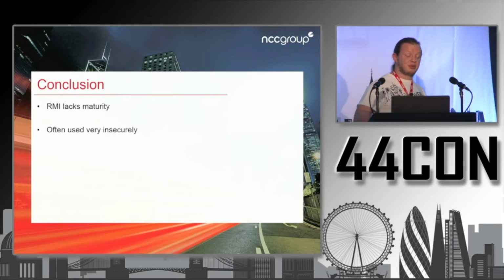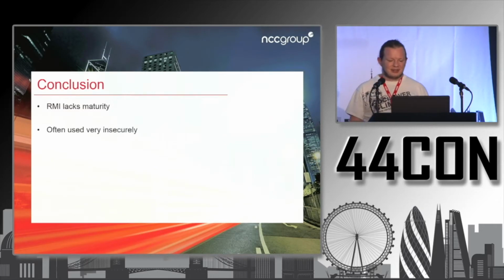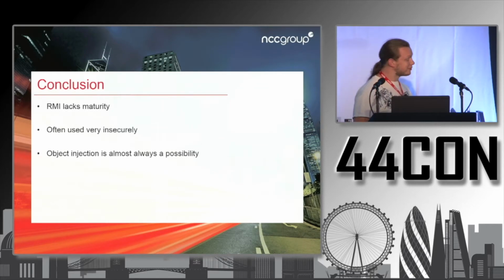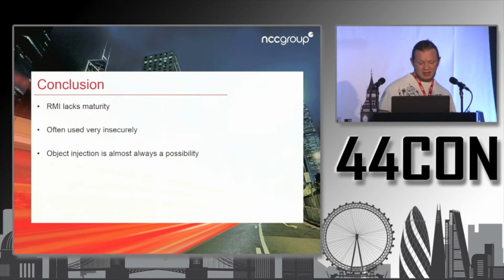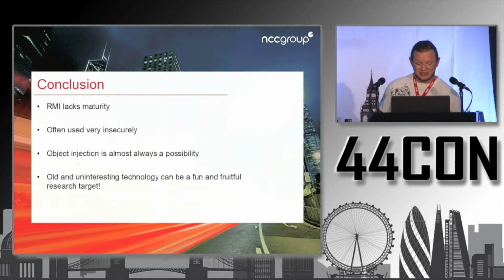It's very easy to implement stuff using RMI, and it's also very transparent, so people just use it. They don't need to think about authentication. They've never had to do that before, so why would they do it now? Object injection attacks are almost always possible because we can replace the method parameters on the wire. Old and interesting technology can actually be a fun and fruitful research target.